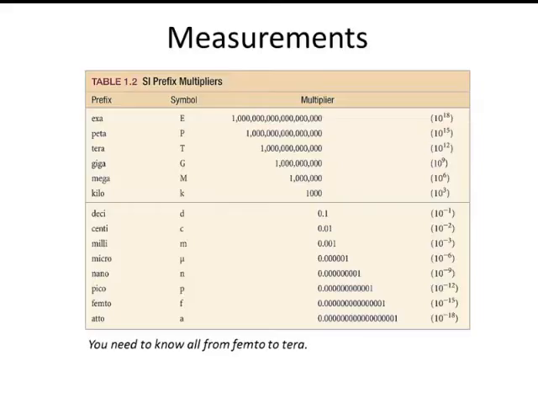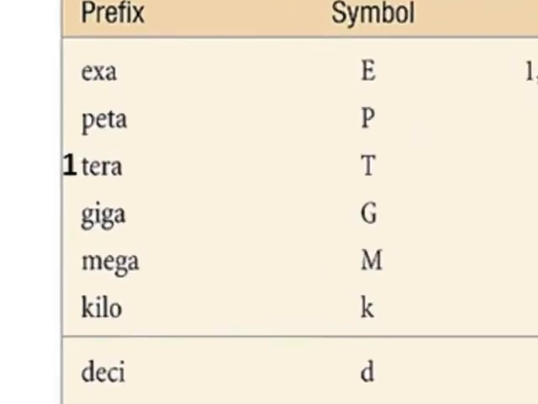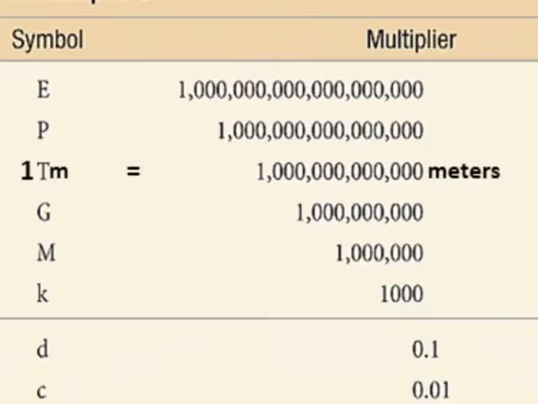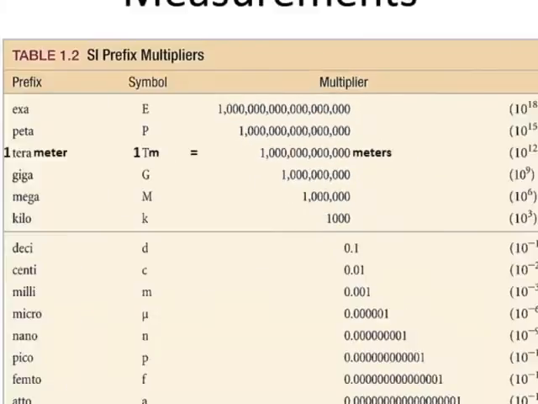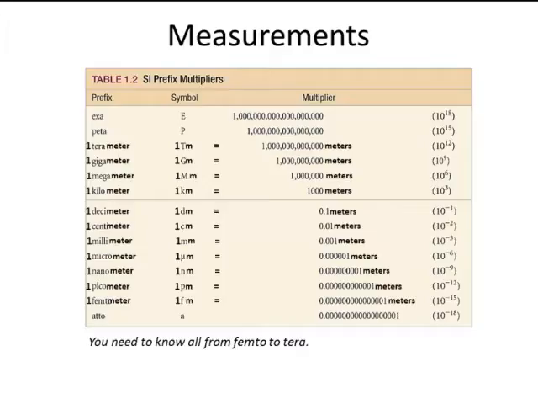For example, if I have 1 terameter, I'd write that as 1 capital T small m, because the symbol for tera is capital T. 1 terameter would be equal to 1 trillion meters. So rather than writing out all of those zeros, we can just write 1 capital T sub m to represent the 1 trillion meters. And we can do that the same with the rest of them.